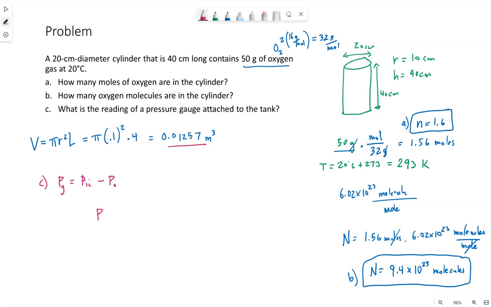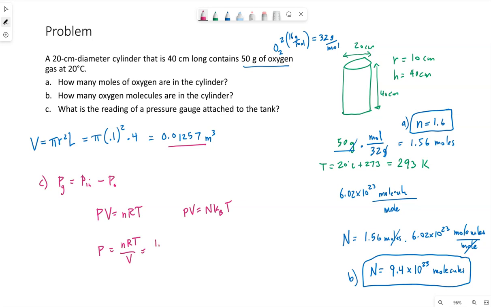So ideal gas law will allow us to solve for pressure. And technically, since we have both the number of moles and the number of molecules, either version of the ideal gas law would be easy to use. One's not any better than the other. I'll go ahead and use this first version just because it's here.